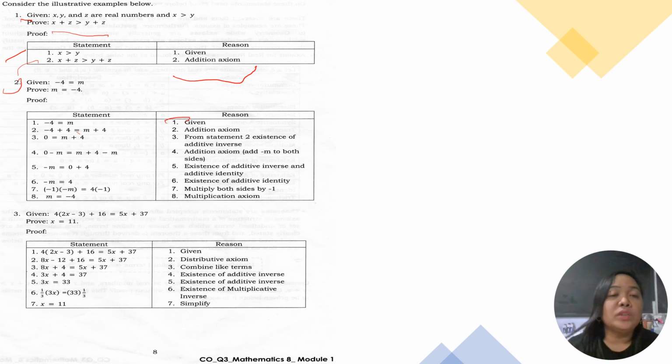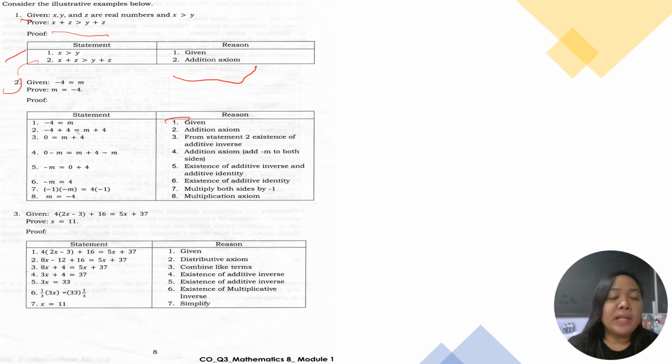The target is to make our negative m positive. So we apply multiplication axiom by multiplying negative 1 to both sides so that negative 1 times negative m is also equal to positive 4 times negative 1.